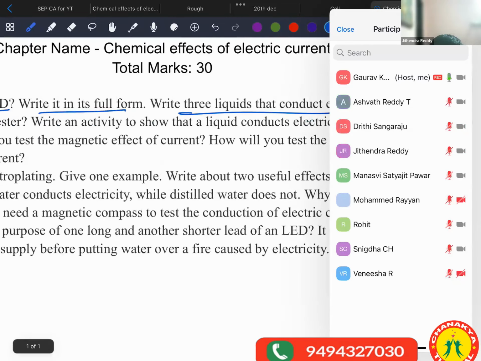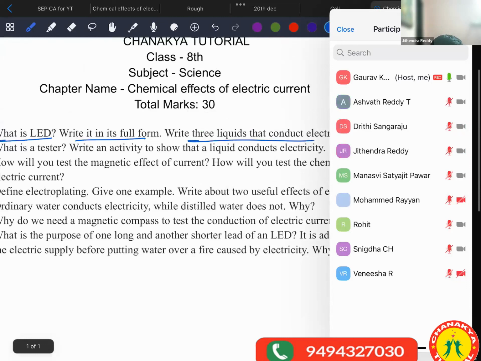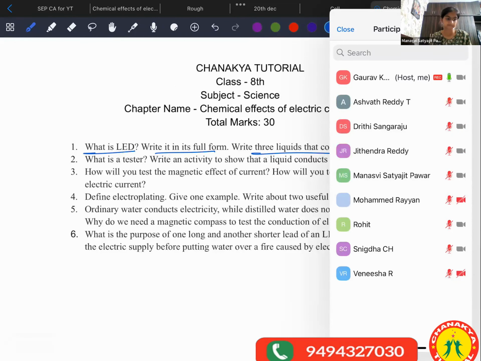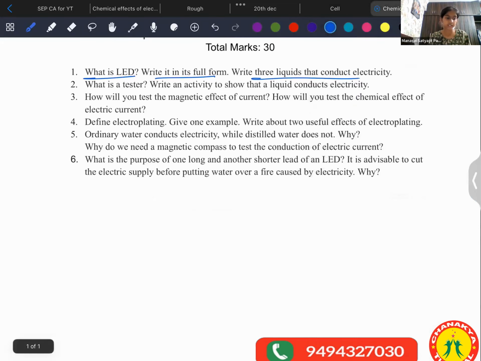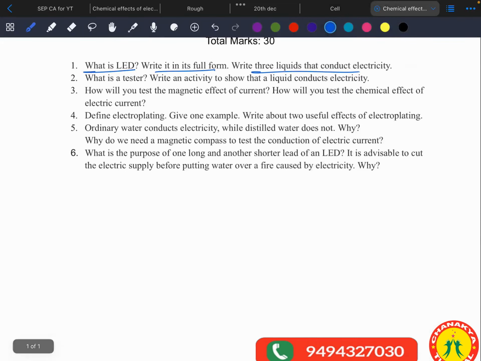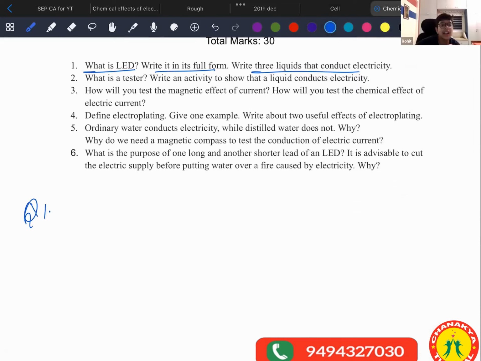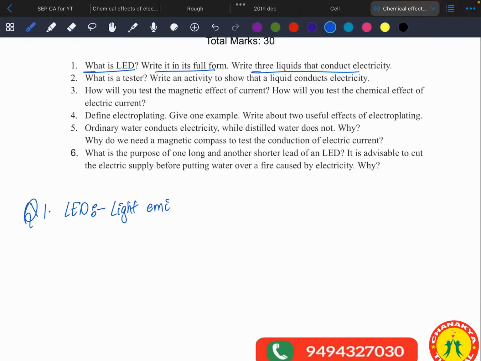Write three liquids that conduct electricity. Acidic, basic, and salt solutions. Okay, very good. Water with dissolved ions. Very good.